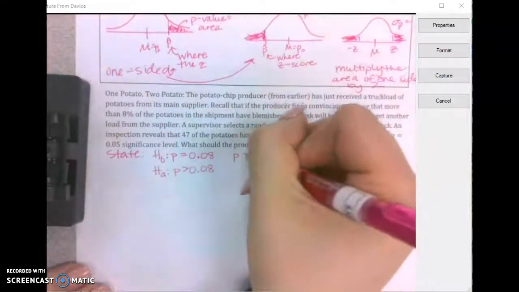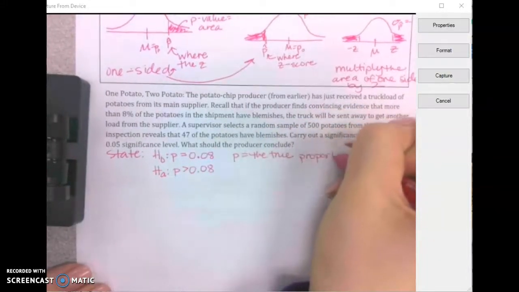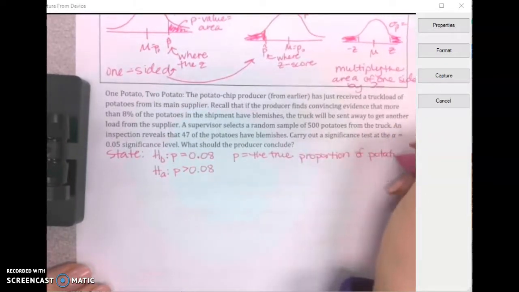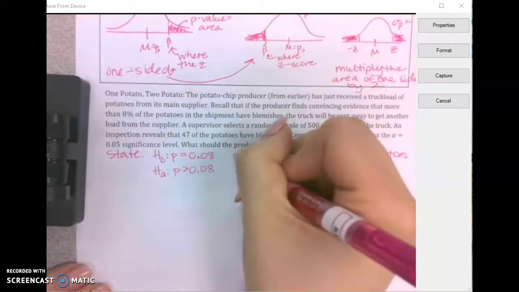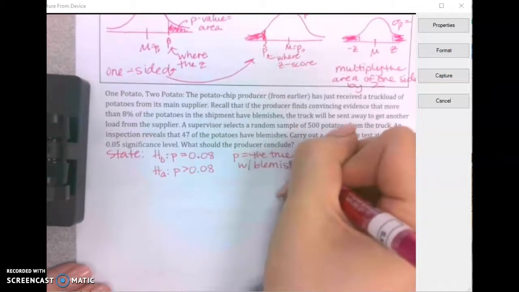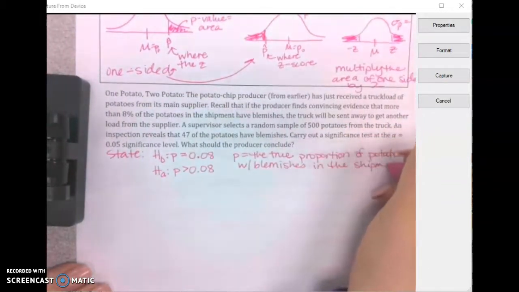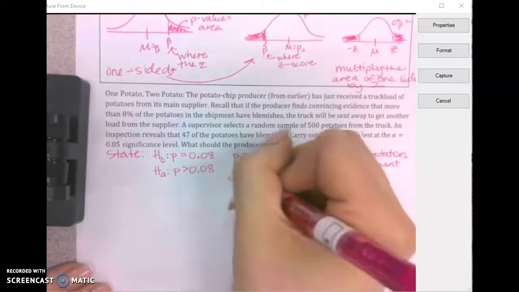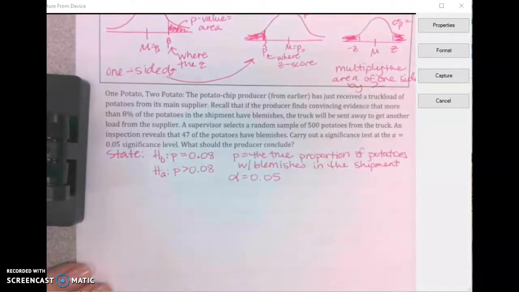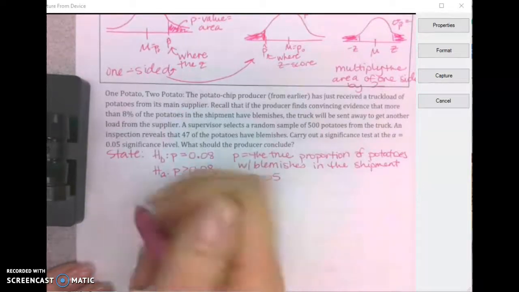We have P is the true proportion of potatoes with blemishes in the shipment. And our alpha level that we are testing against is 0.05. So we have stated our hypotheses, our parameter, and our significance level.